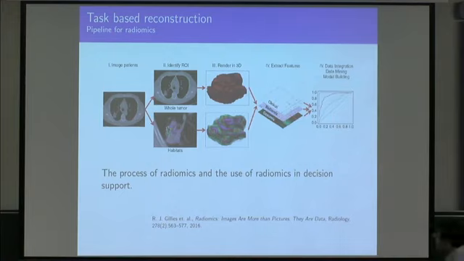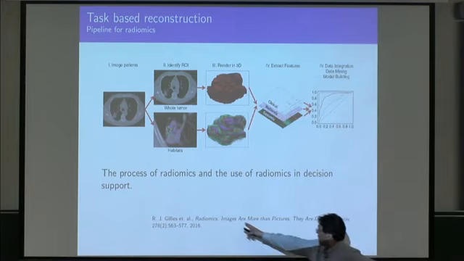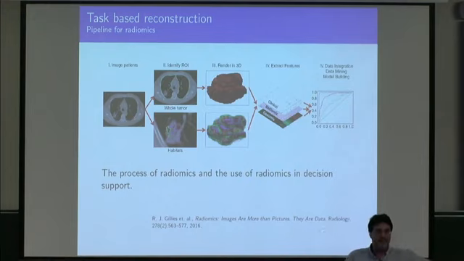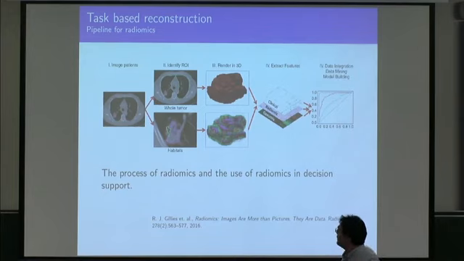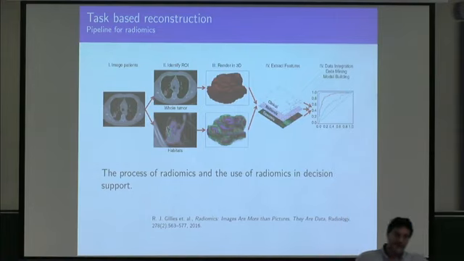Now the title of this paper is "Images are more than pictures, they are data." Well, I would say they are not data, they are usually computed, like up here. So we're actually going to go to the data side, and take this title and do it properly in that sense. Because as you see here, you start out from a reconstructed image, and then there's a whole pipeline which can be quite complex. But nevertheless, you are starting out from something that's been computed already. It's not data.